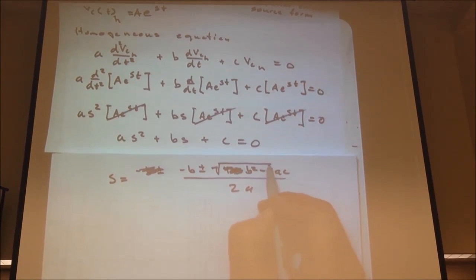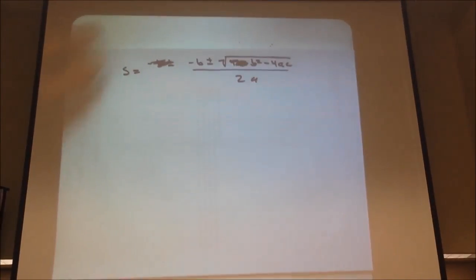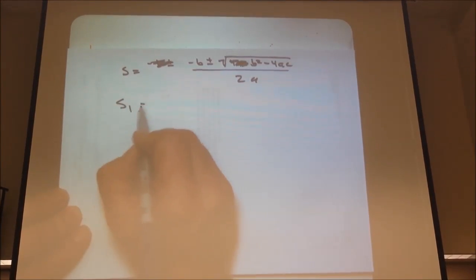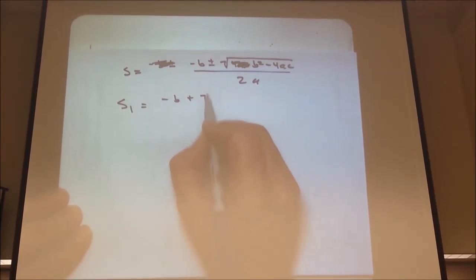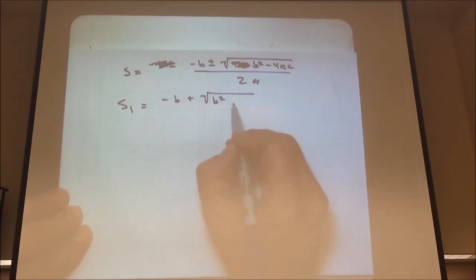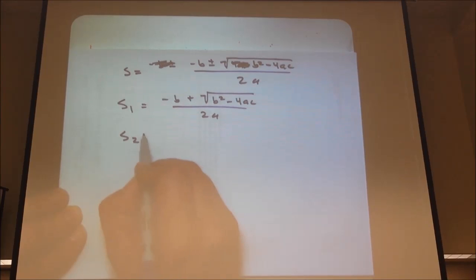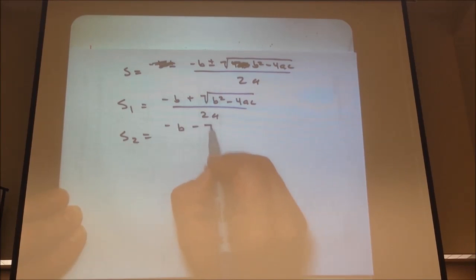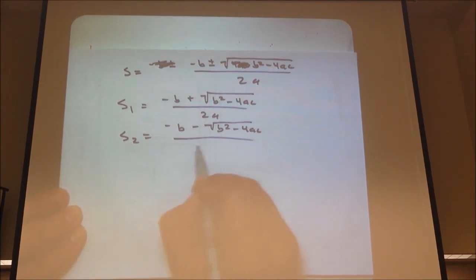So, a couple things jump out here. We have a plus or minus. What does that mean? Two solutions. There are two terms in our homogeneous expression. We have an S1 that's minus B plus the square root of B squared minus 4AC, over 2A, and an S2 that's minus B minus the square root of B squared minus 4AC, over 2A.